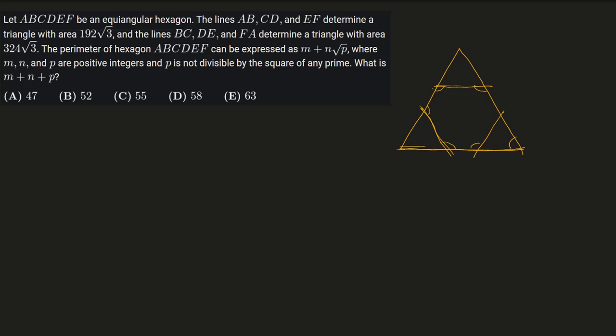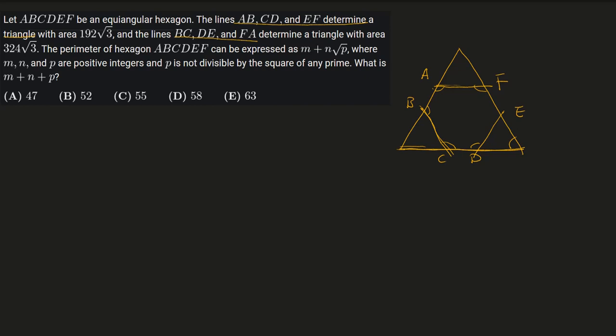So if we start from there, we should understand that this triangle is actually an equilateral triangle, and the same for this triangle. So let's mark the vertices. Let's say this is A, B, C, D, E, F.